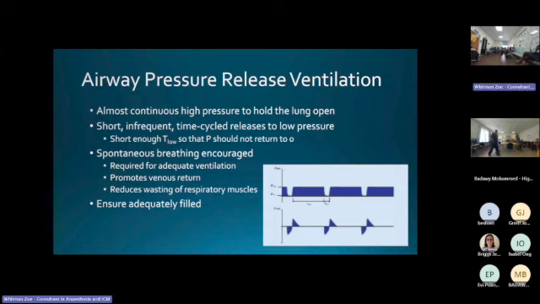Because it's so opposite, you are going to end up with a high CO2 because they're not ventilating, as in they're not getting enough minute ventilation to get CO2 out of them. So the ideal thing is to try and get them breathing on top, so they need to be not too opiatized, not too sedated, so that they can breathe.